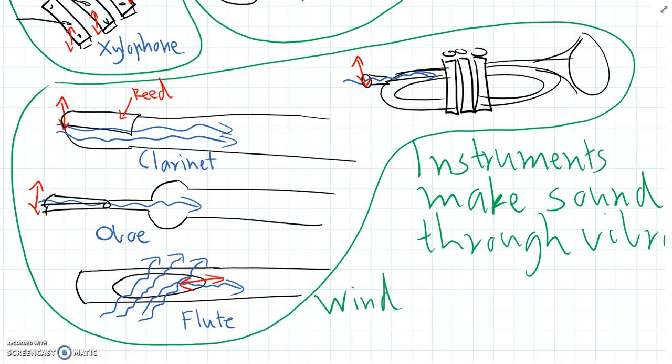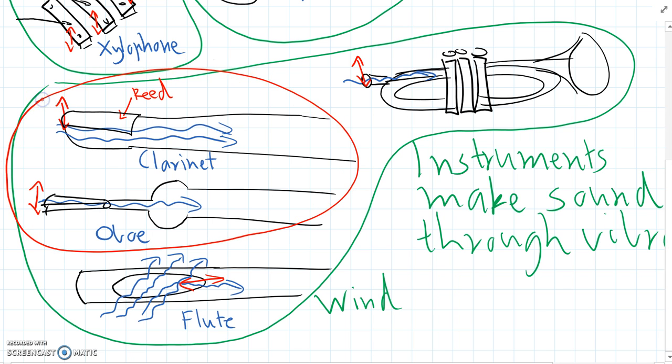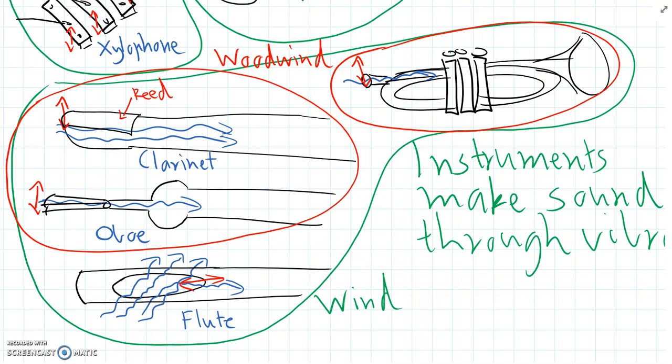But within that, the ones with a reed, like a clarinet and an oboe, are called woodwind instruments. And the ones like a trumpet, also tubas and French horns, are called brass instruments. But they're still a type of wind instrument.